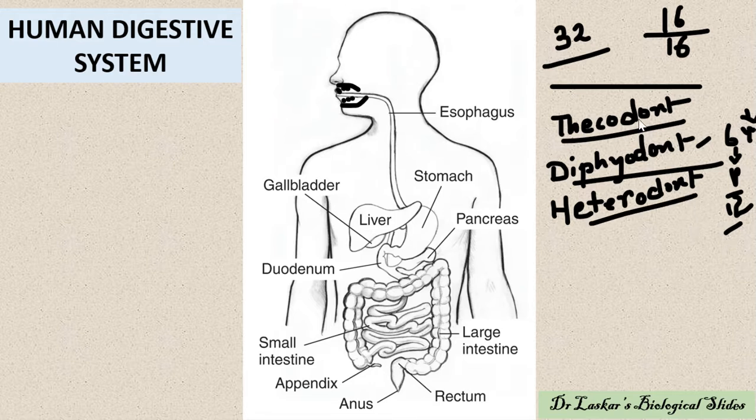Heterodont, why is it called heterodont? Human teeth are heterodont as they have different shapes to carry out different functions.